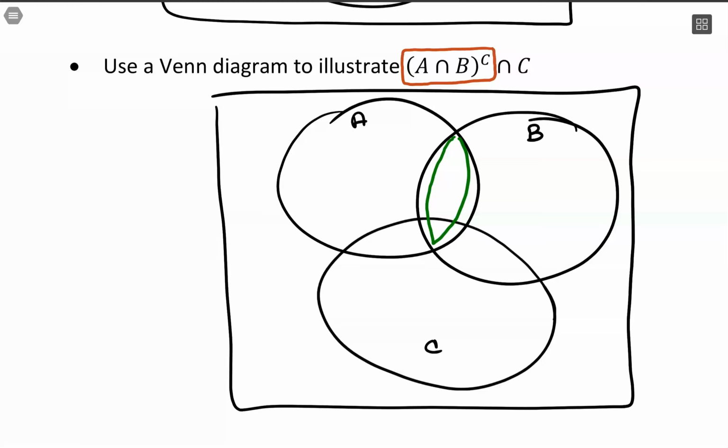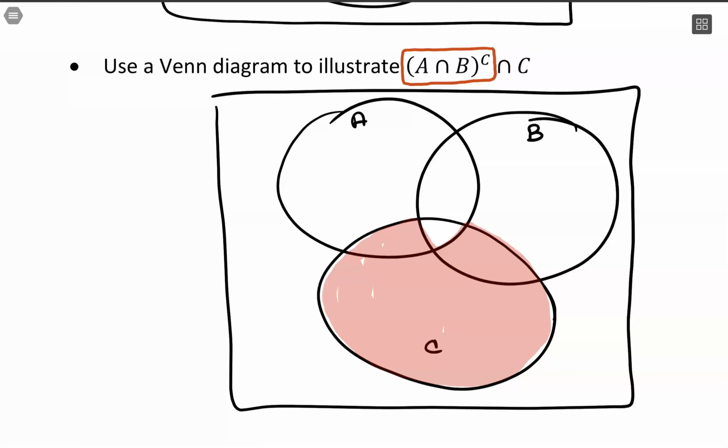So what I'd have is my circle C. I want C, but I need to stay out of that intersection area. So with that, I'd end up with everything in C there, just excluding that little piece in the corner there where all 3 intersect, because I don't want to have values from A and B at the same time.